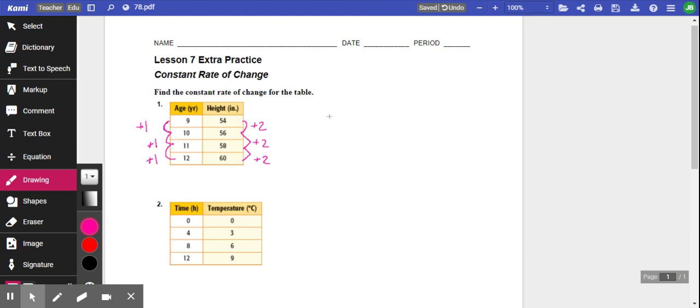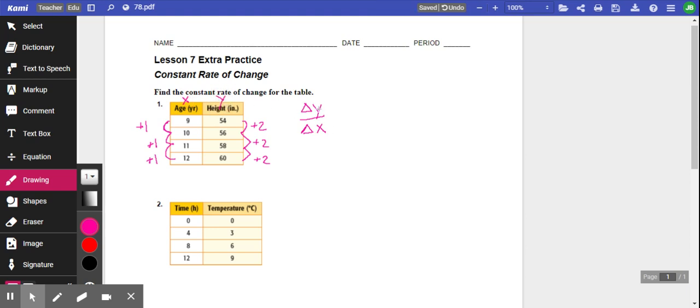Now, in order to find the constant rate of change, we usually say what is the change in y over the change in x. When we look at a table, typically the first column is the x value, and the second is the y value.